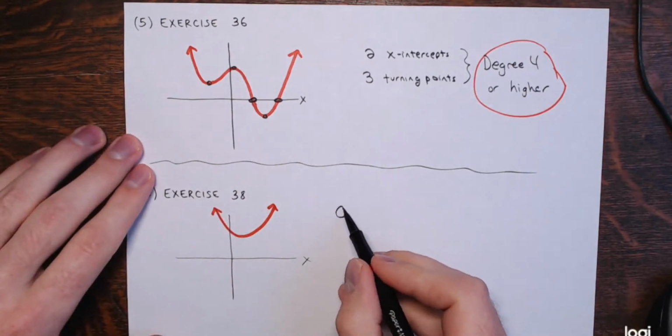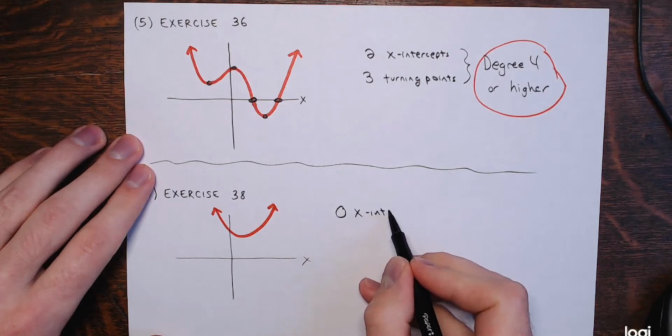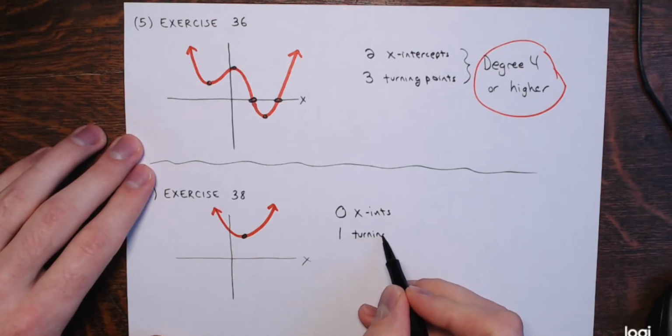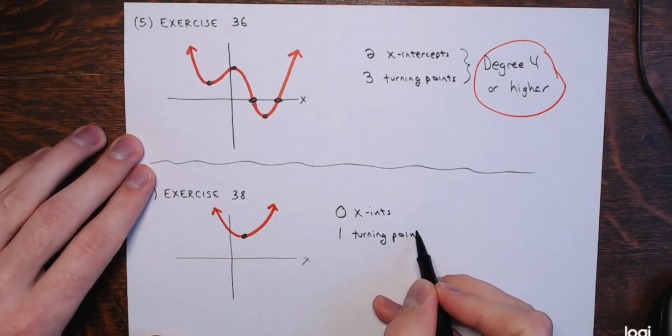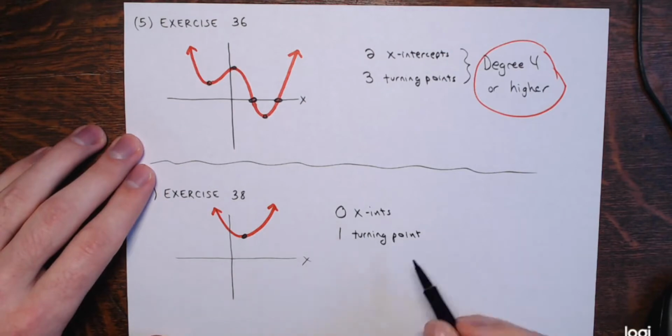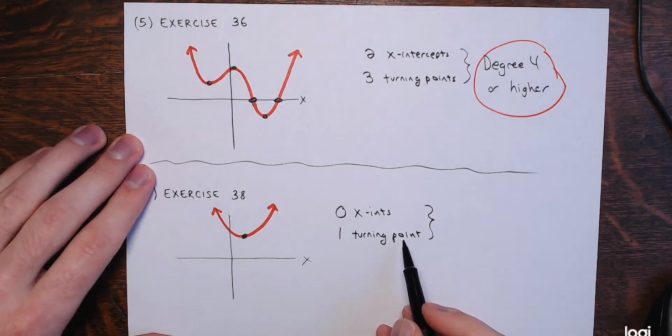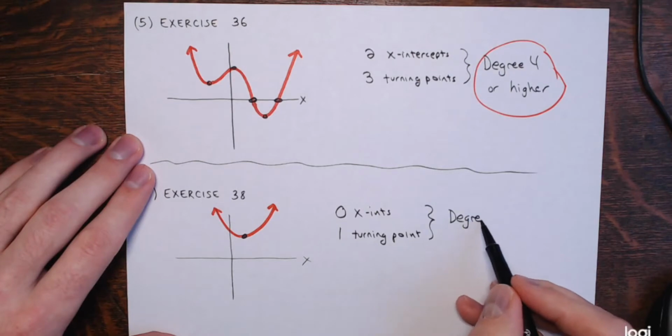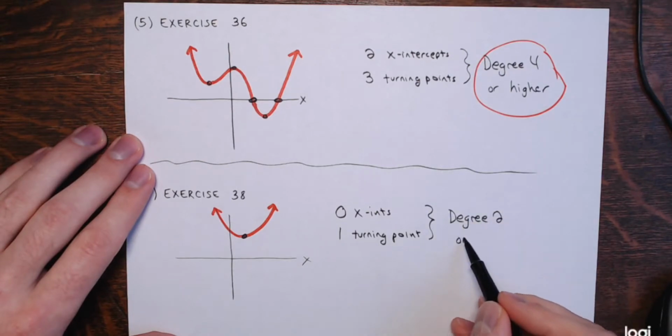So 0 x-intercepts. I'll just put 0 x-ints right now. And 1 turning point. Again, I just use the higher number to help you determine. If it has 1 turning point, it means it's got to be at least a degree 2. This is degree 2 or higher.